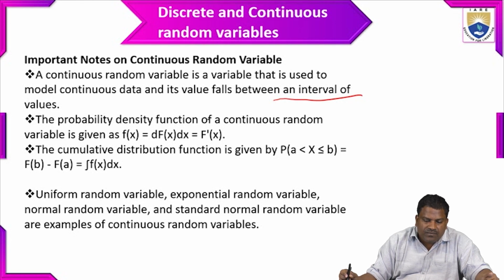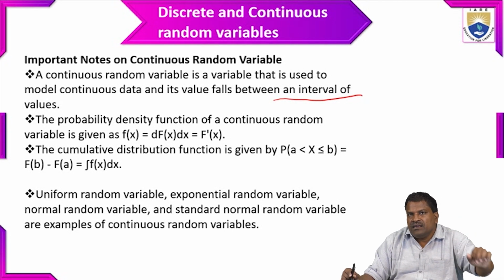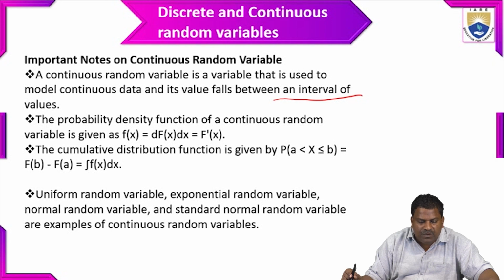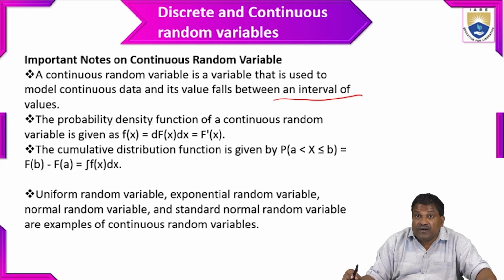One more thing: uniform random variable, exponential random variable, normal random variable, and standard normal random variable are all examples of continuous random variables.